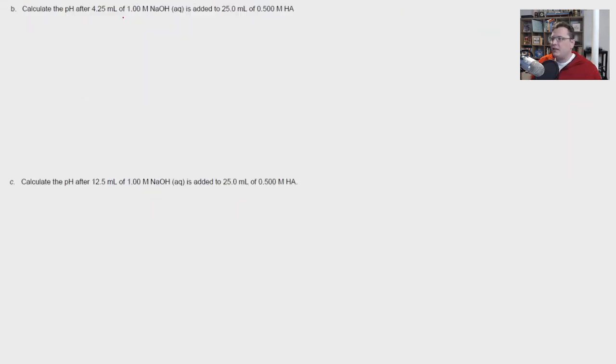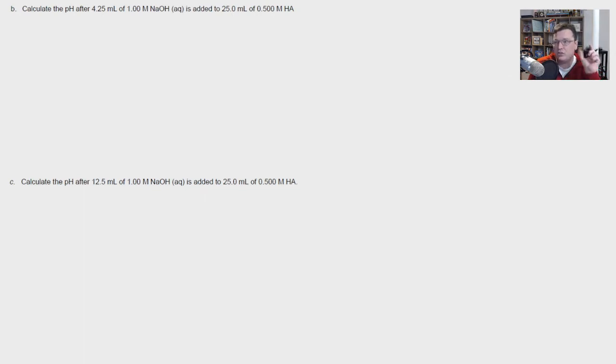Question B: calculate the pH after 4.25 milliliters of 1 molar NaOH is added to 25 milliliters of 0.500 molar HA. Now this is going to be the neutralization reaction. There are two parts to calculating the pH at any of these points in the titration.